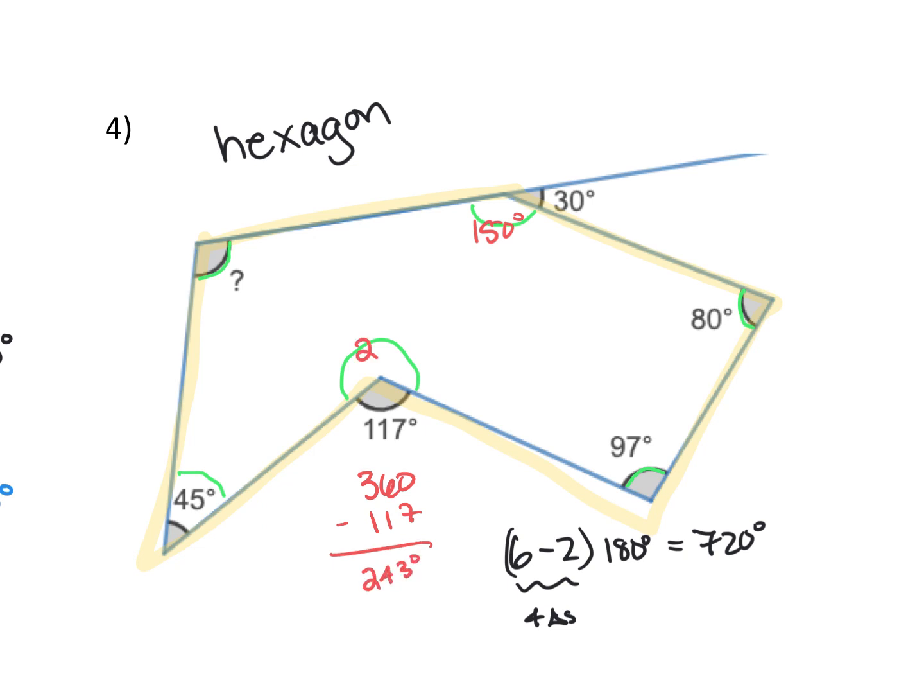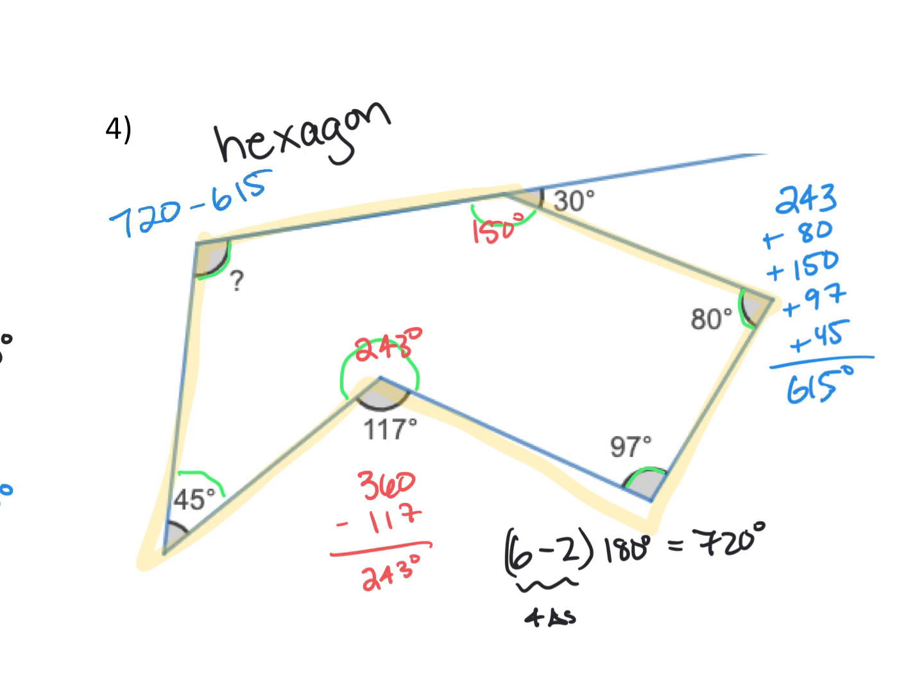So this is 243 degrees. And then all I need to do is add these 5 up. And I'm getting 615 there. So if I did 720 minus 615, I would get that this is 105 degrees. And that is going to be my answer for this one.